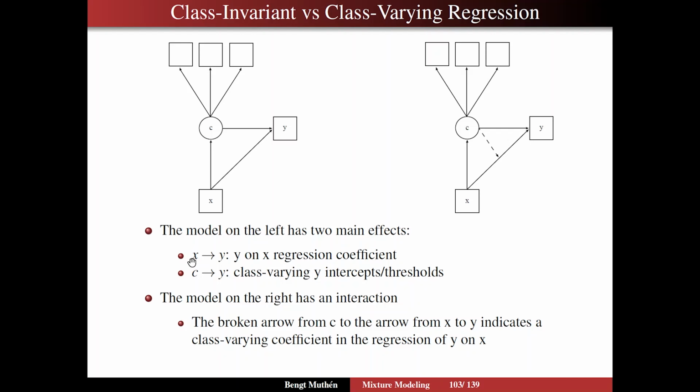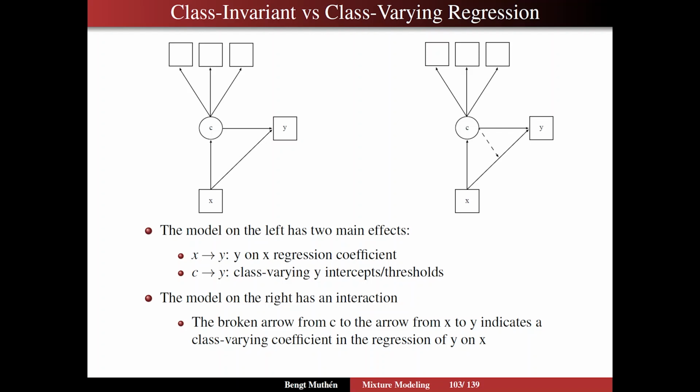This is the effect of X on Y, which is captured by the Y on X regression coefficient. And we have the effect of C on Y, which is this arrow, which is captured by class varying Y intercepts for continuous outcomes and thresholds for categorical.